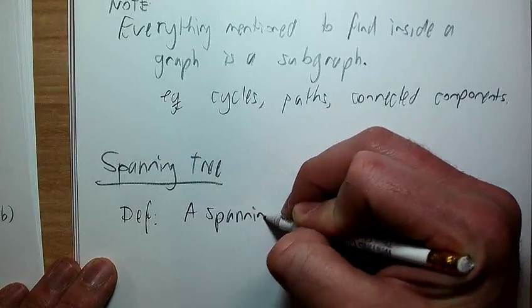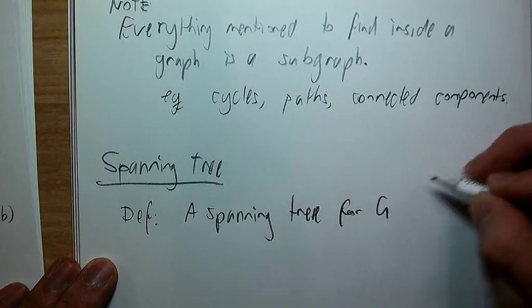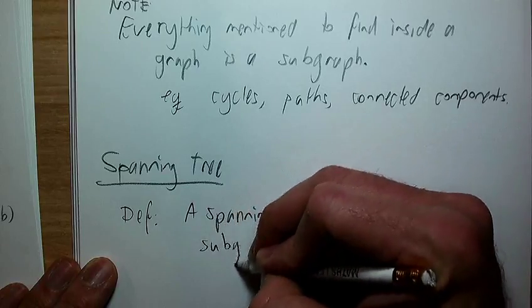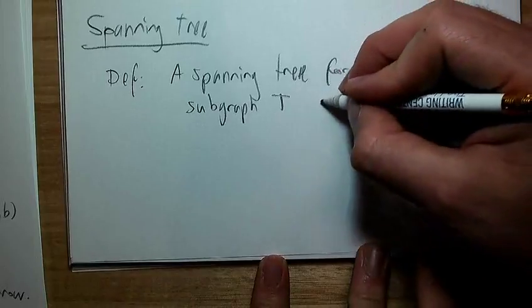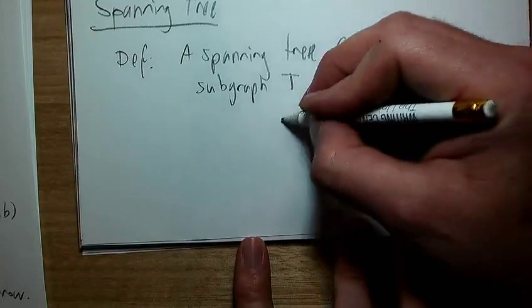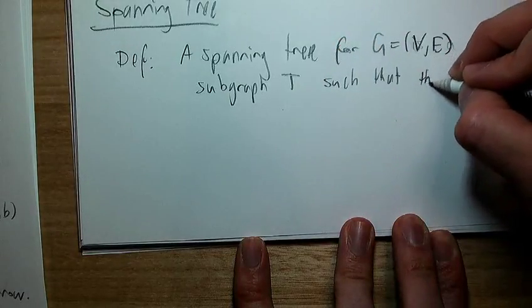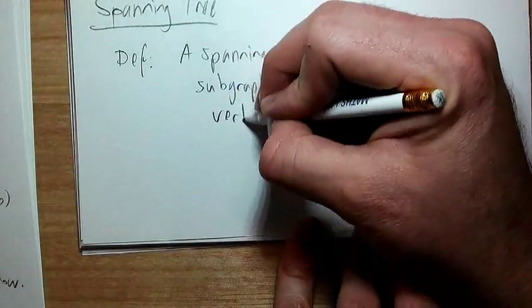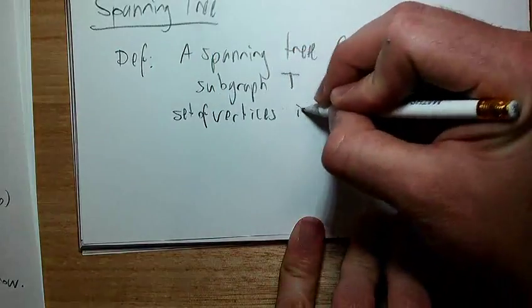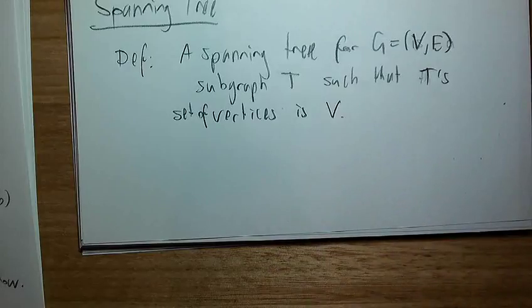A spanning tree for graph G is a subgraph T such that T uses all the edges of G, all the vertices of G. T's set of vertices is V, as it covers all the vertices, basically. And there's an awesome theorem that says that any connected graph has a spanning tree.